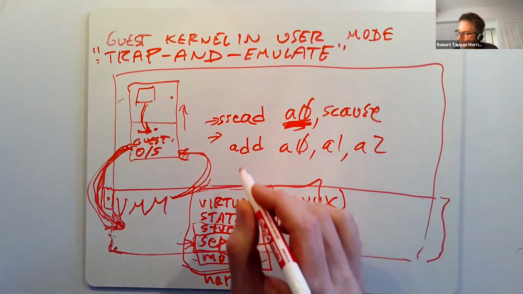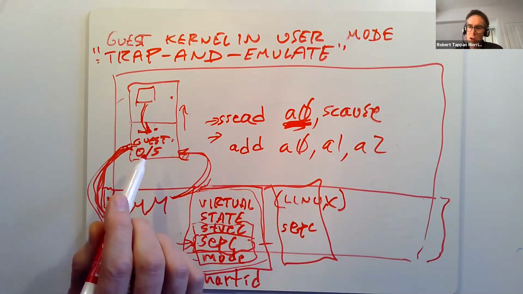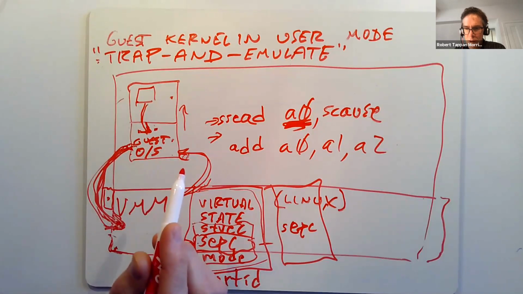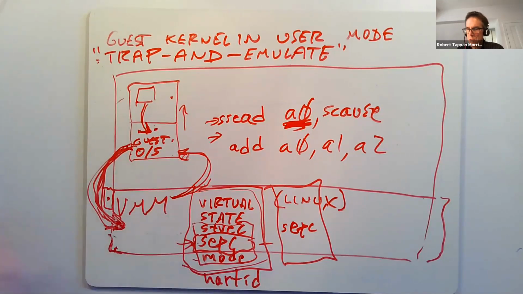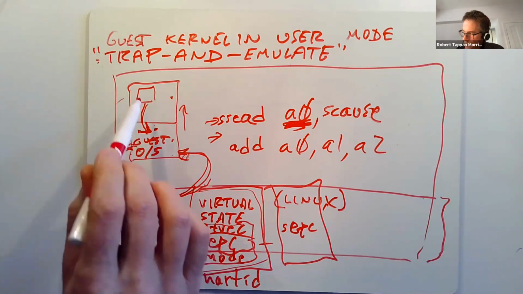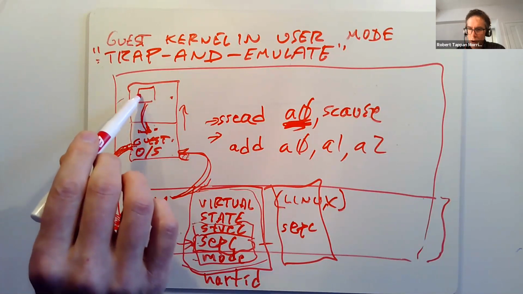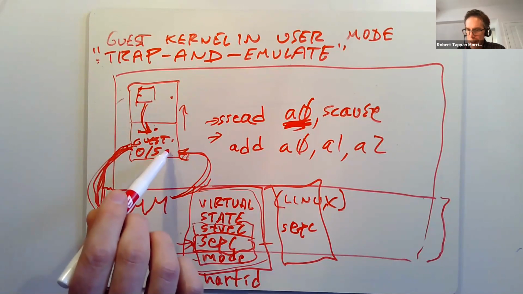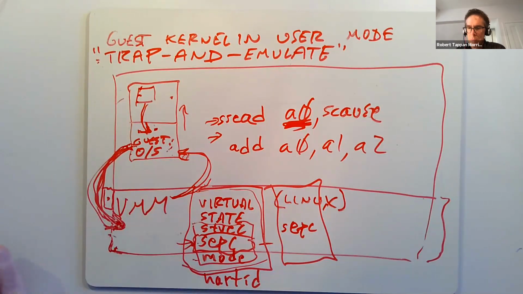If you make a function call, just an ordinary function call up here in the guest world, that just executes without anything special. All the instructions that are legal in user code, all non-privileged instructions, just execute directly at full speed when the guest operating system executes them.